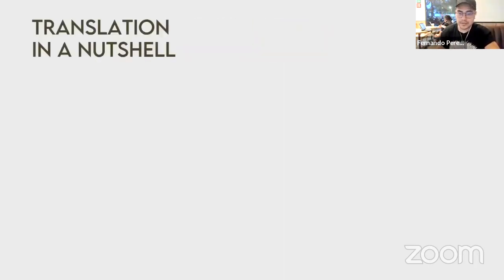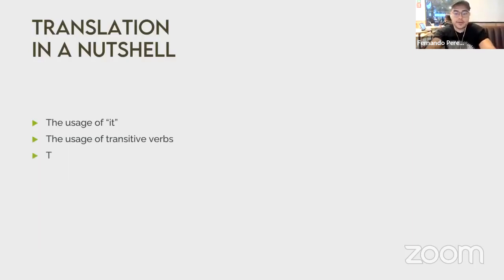The first thing that we need to take into consideration is the usage of it. Number 2, the usage of transitive verbs. Number 3 is the order of words or reorganizing the components of a sentence, right?